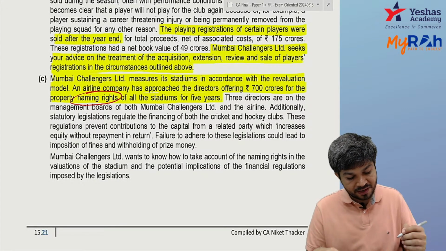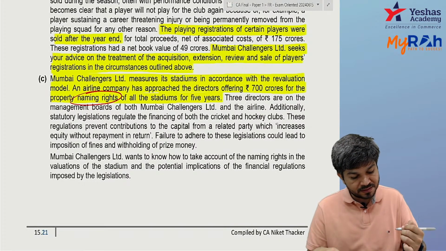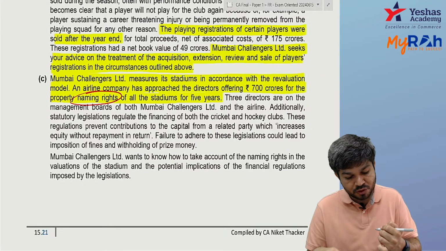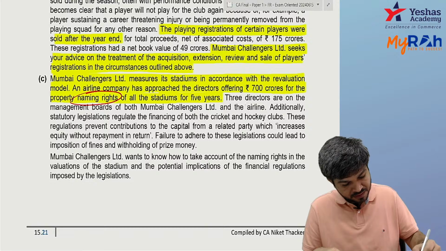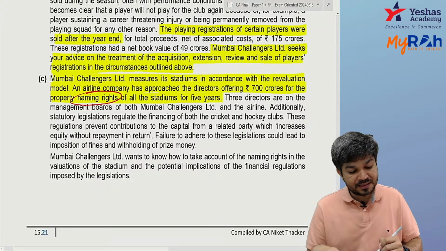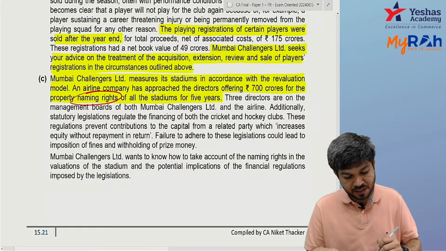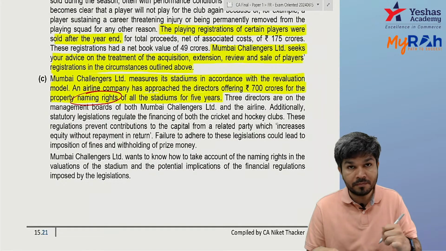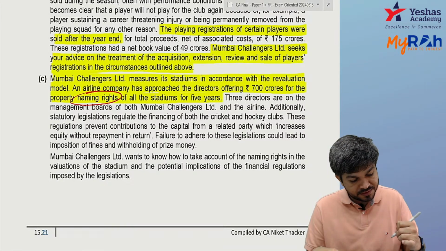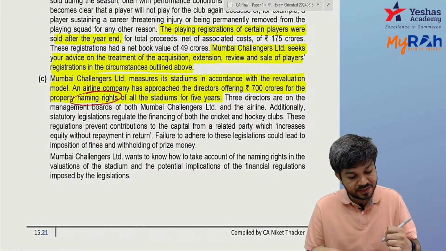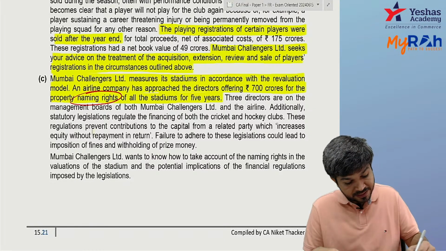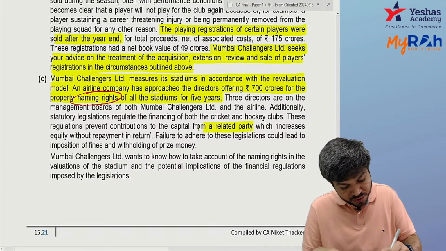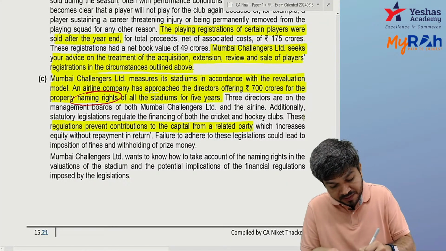Additional regulator requires financing of both hockey team. This regulation prevents contribution to capital market from related party, etc. Now see, there are certain directors which are common, and statutory legislation regulates the financing of hockey and cricket clubs. The regulation prevents contribution to the capital from related party.